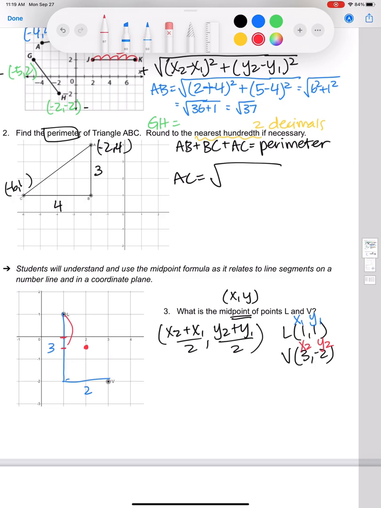So if I go 1.5 spaces down from L and 1 space over, I land at the midpoint of LV.